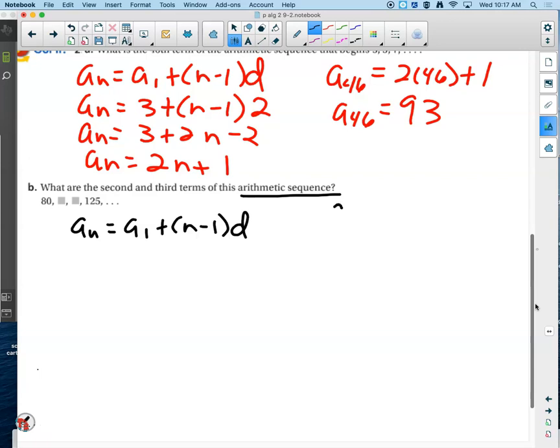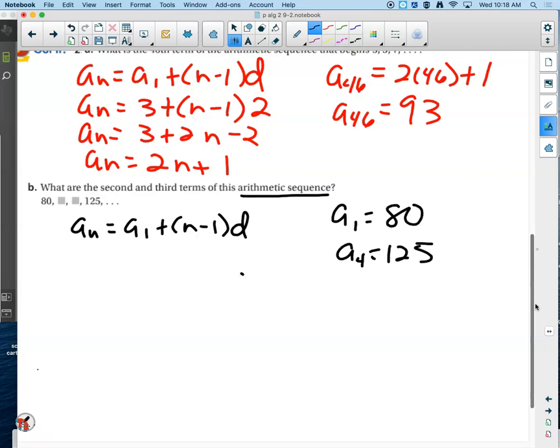Okay. So the first term we know is an 80, and oops, the smartboard was not keeping up with my writing. And the which term? Fourth term is 125. Okay, we definitely have enough numbers, but we don't know D.